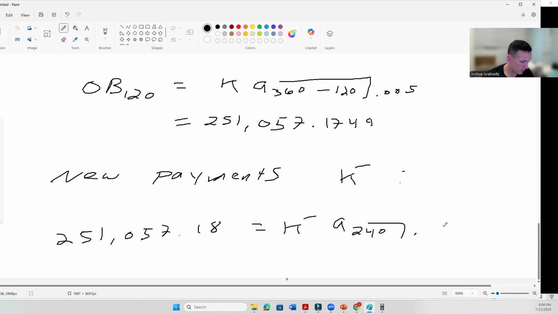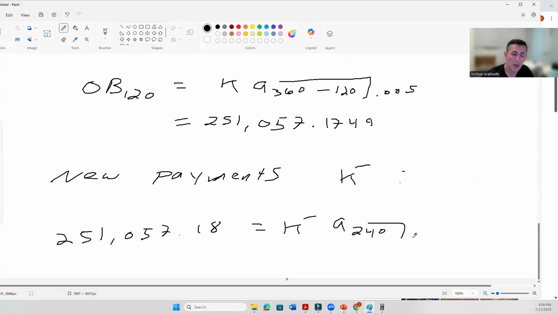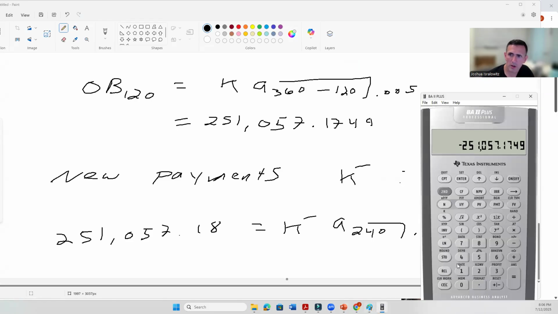My new interest rate is 3% nominal, so 0.03 over 12 is 0.0025. And let's see what my payments are.